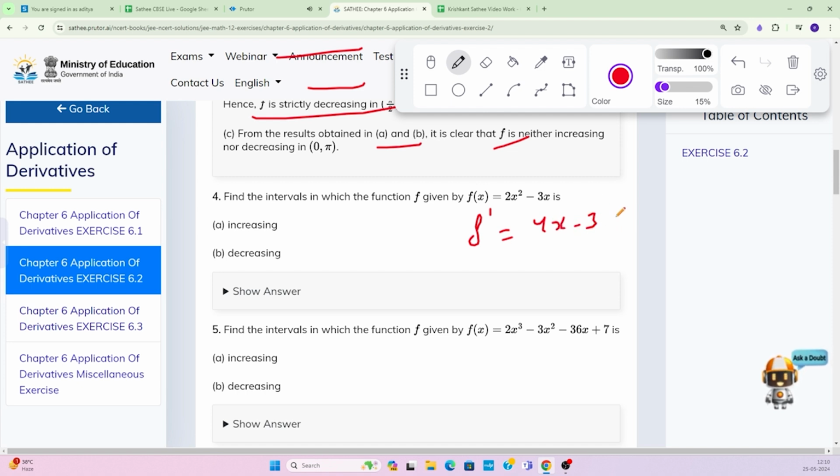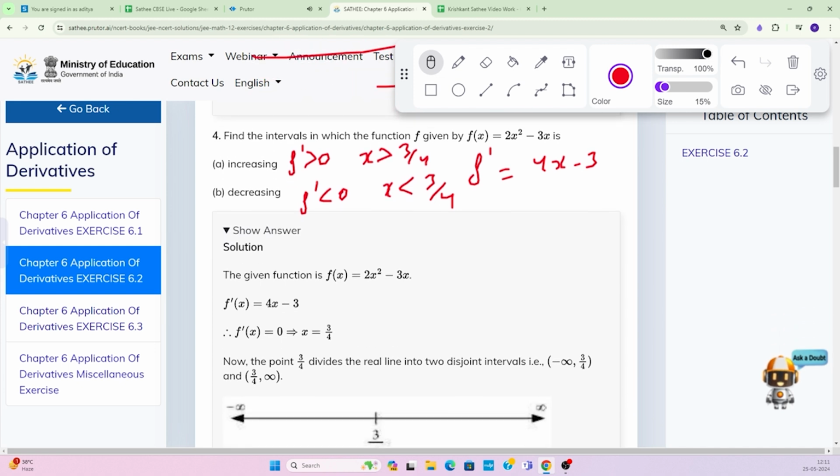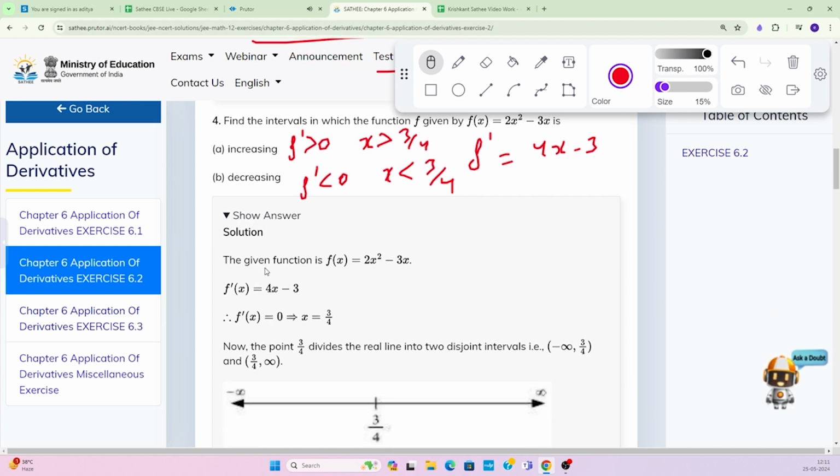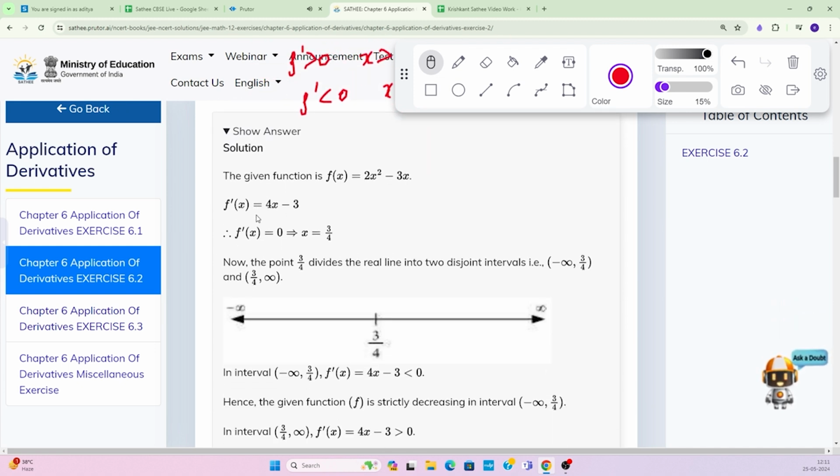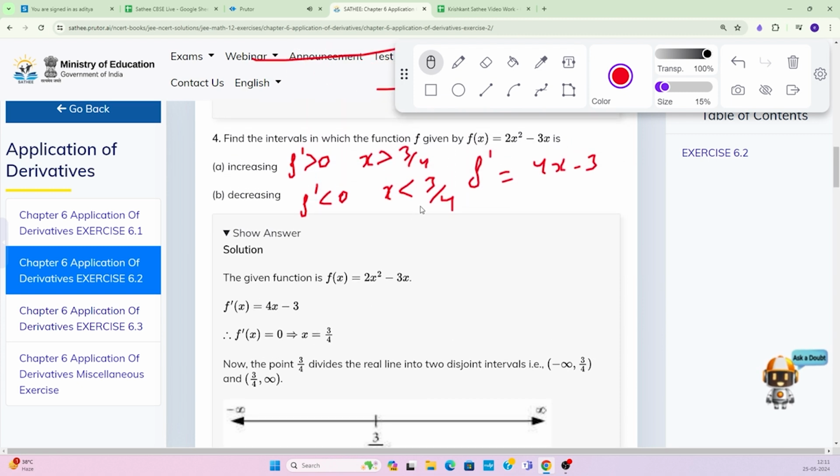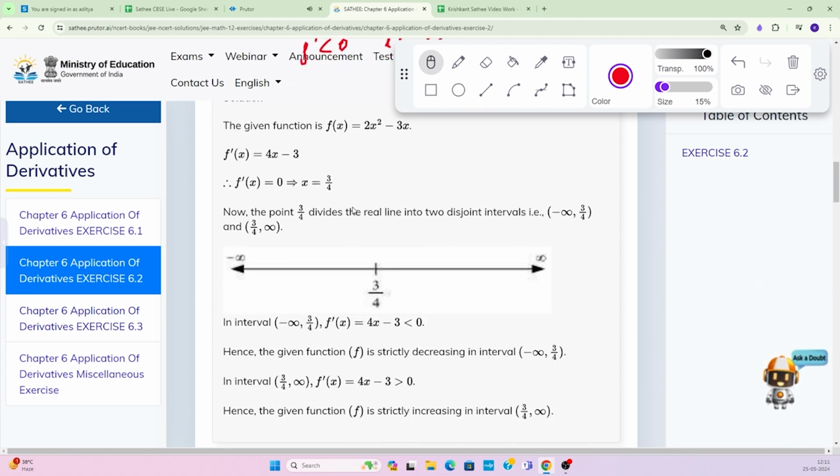For increasing you want f prime positive, and this only happens when x is greater than 3 by 4, and f prime is negative when x is less than 3 by 4. So the interval of increasing is 3 by 4 to infinity, and decreasing in the interval of minus infinity to 3 by 4.